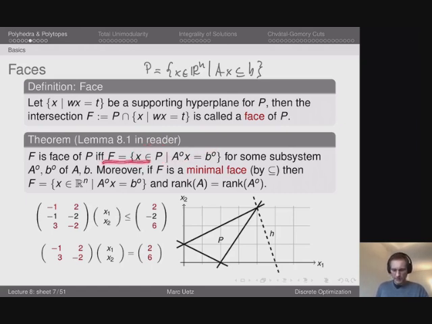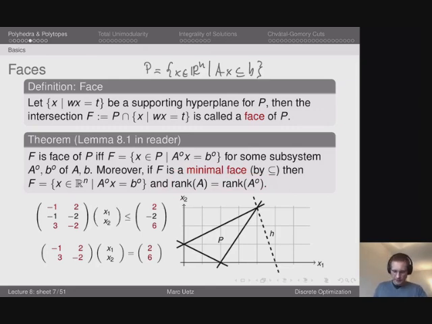So an arbitrary face I get by taking an arbitrary linear subsystem, and an inclusion-wise minimal face I get by taking a maximal subsystem, maximal in the sense that I take a maximal number of linearly independent rows of the matrix.